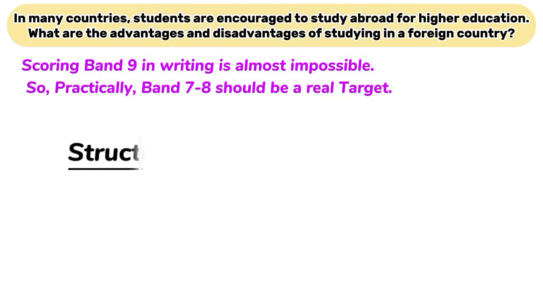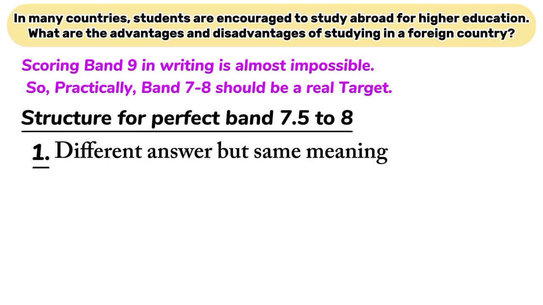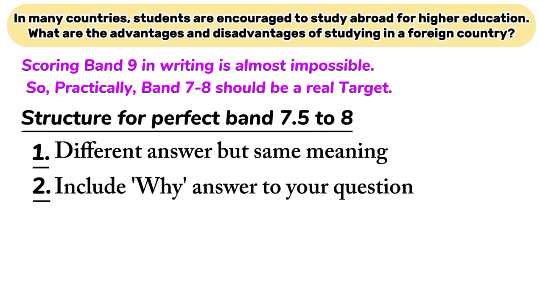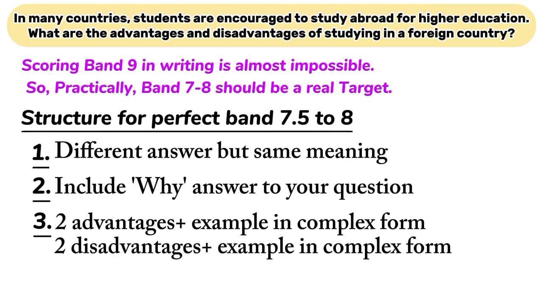This complex structure will surely help you to score 7.5 to 8 band score. Number 1. Paraphrase the question, but the meaning should be the same. Number 2. Include why to your question. Number 3. Write 2 advantages and 2 disadvantages in complex form, which gives an idea about your essay to the examiner.